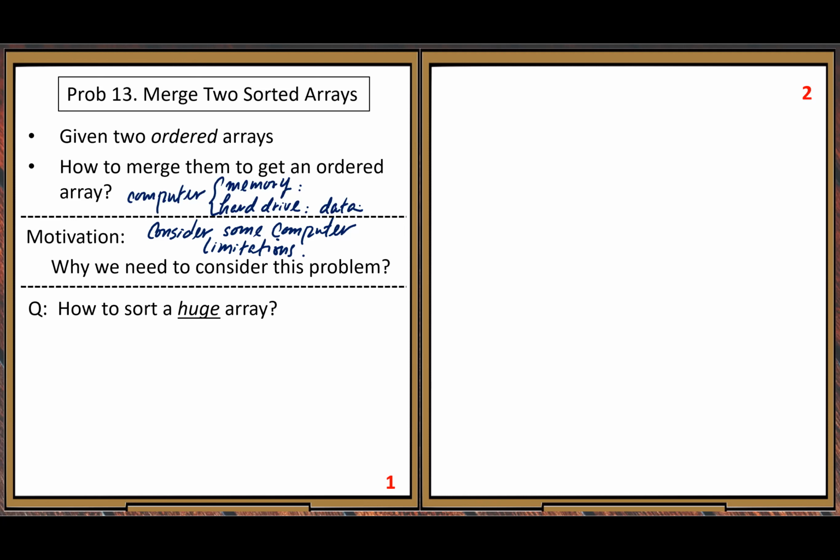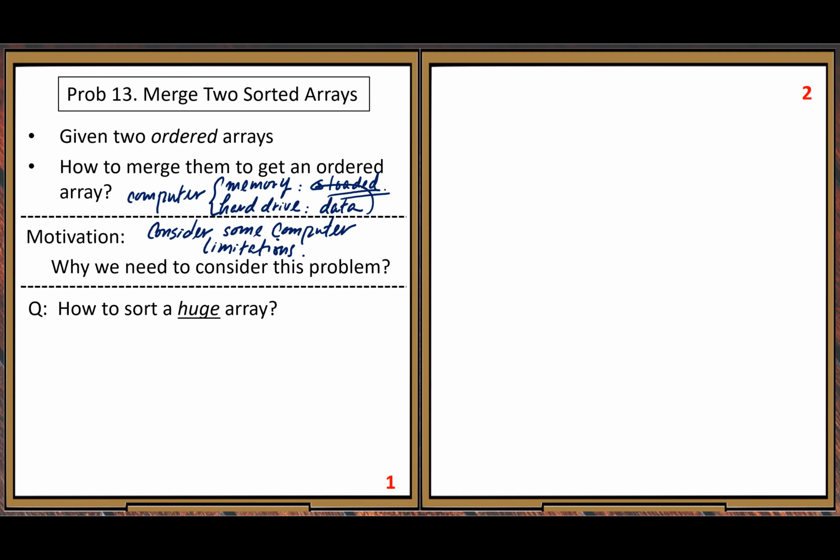So our array, that's our data, is originally stored in the hard drive. But in order to do processing, the data needs to be loaded into main memory for processing. Because if the data stays in the hard drive, not loaded into memory, you cannot do any processing or any manipulation. So you have to load it into the main memory.